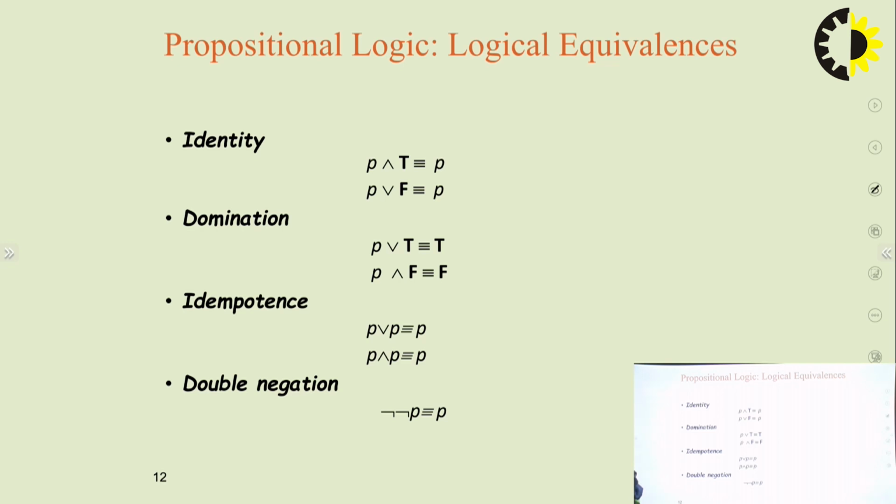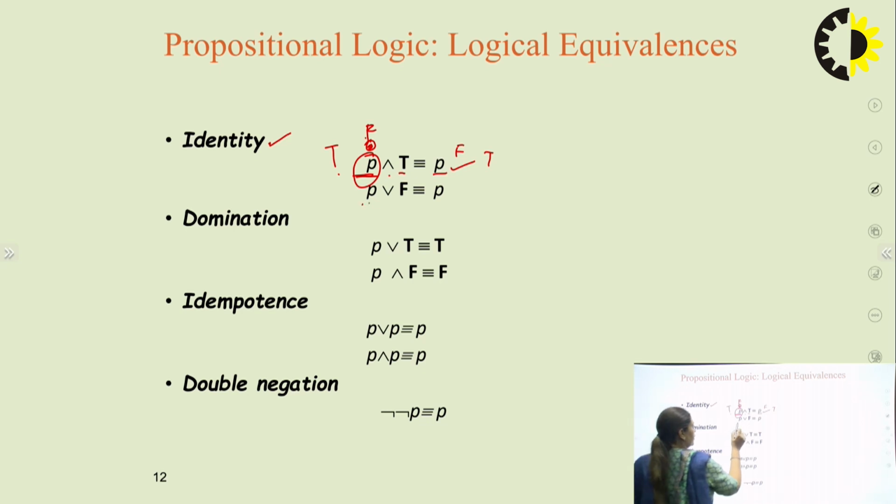Now there are certain properties in this. First is identity, right? If there is any input, if we AND with T, it is equivalent to P. Whatever value P will take, the answer will be that only. If it is 0 or false, then false and true will be false. If it is true, then true and true is true, right?